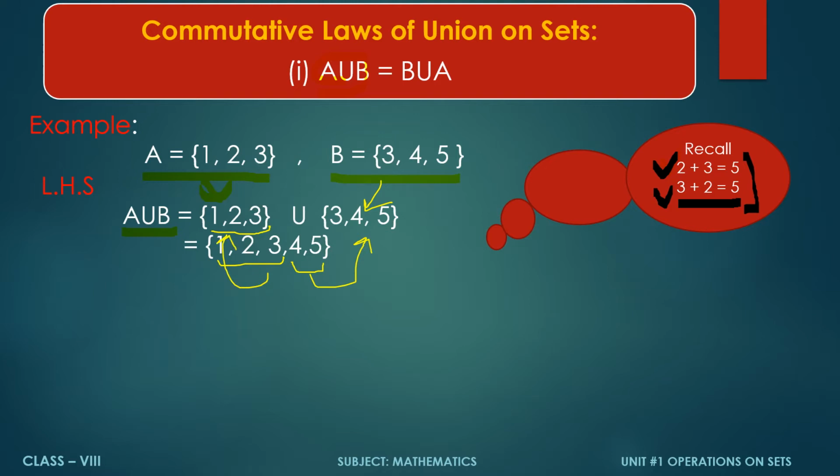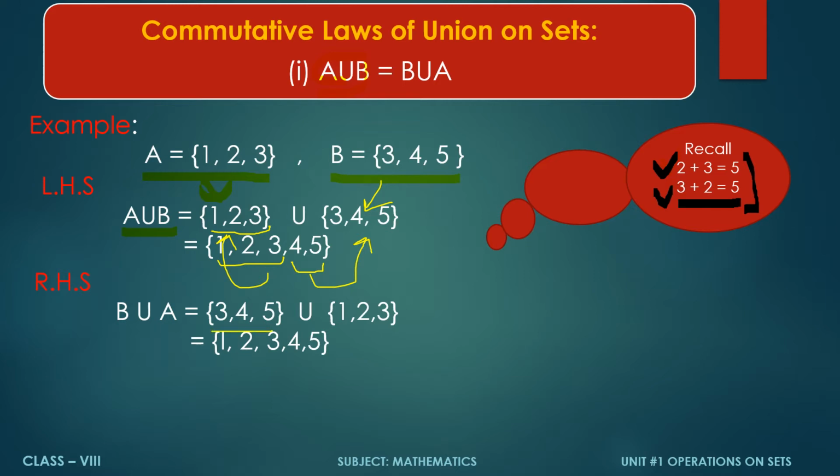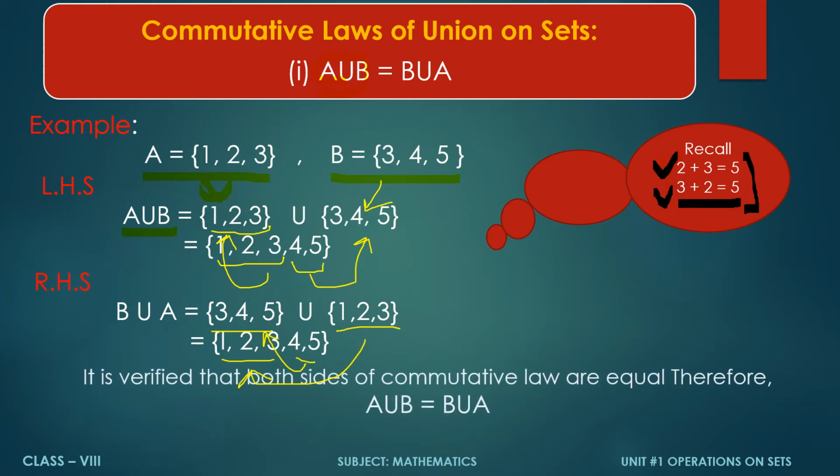Now we take its right hand side, B union A. For this purpose, first we write the elements of B, that are 3, 4 and 5, then set A, that is 1, 2 and 3. Again we have its union 1, 2, 3, 4 and 5. Observe here, students.